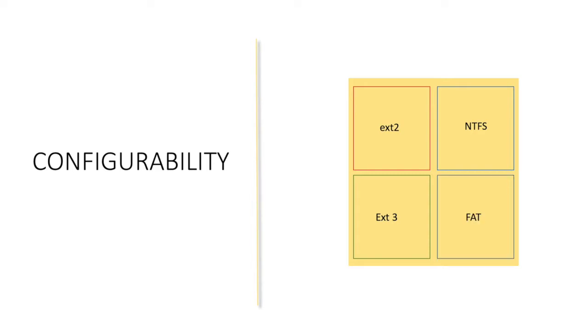Obviously, since I told you it is not easy to play with block level, that's why we again have some kind of abstraction, some kind of file systems to work with them. But because of the block level access, you can configure different partitions with different file systems. So we can have ext2 for Linux, NTFS for Windows, a third partition with FAT, or a fourth with ext3.